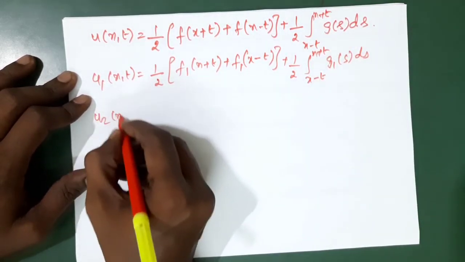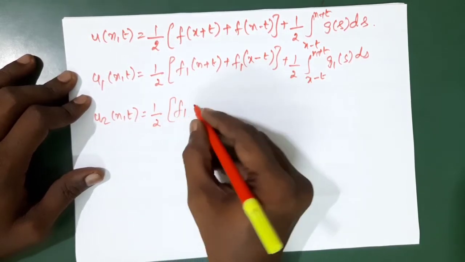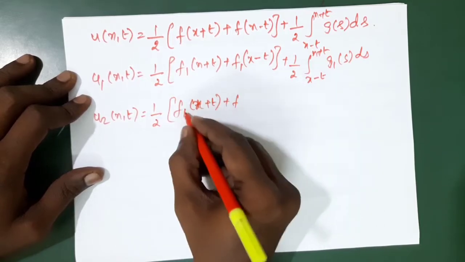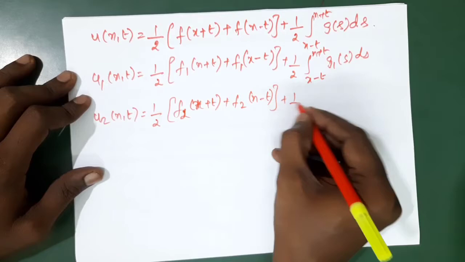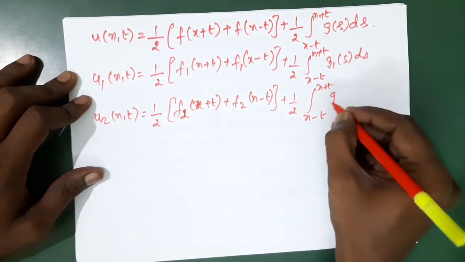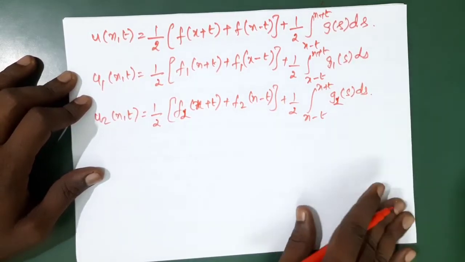So u2 of x comma t is going to be 1 by 2 f2 of x plus t plus f2 of x minus t plus 1 by 2 integral x minus t to x plus t of g2 of s ds.